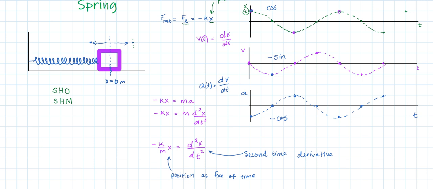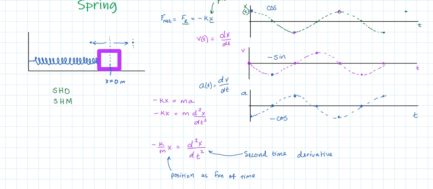So if we were solving for this x function, the negative of that function is also its second derivative, and that makes sense here because the second derivative is the negative of the function itself.